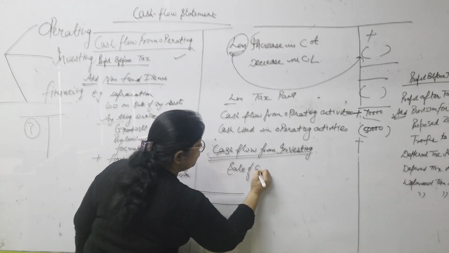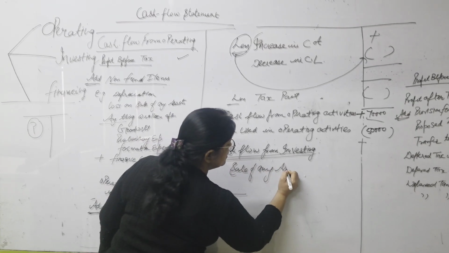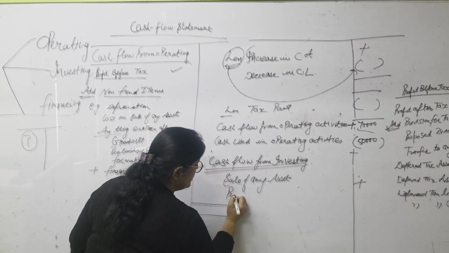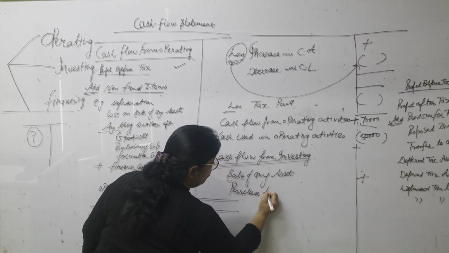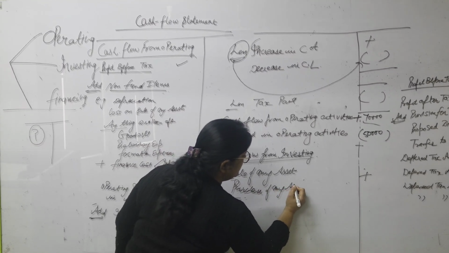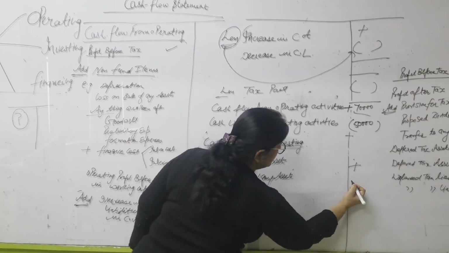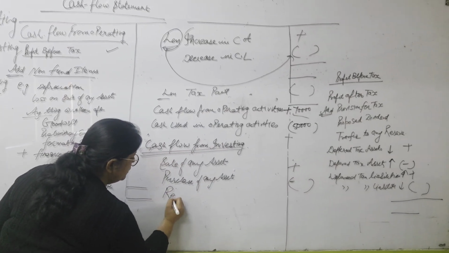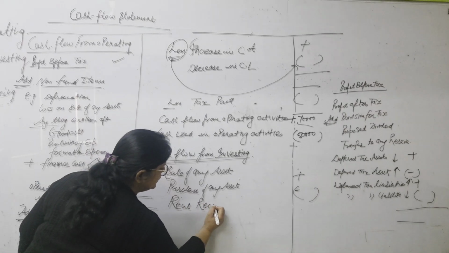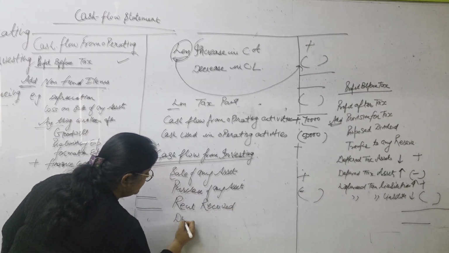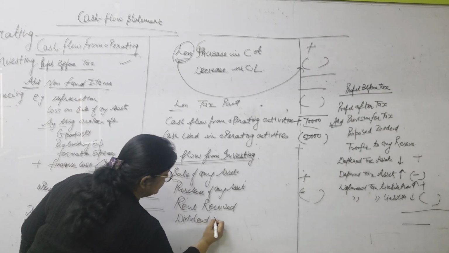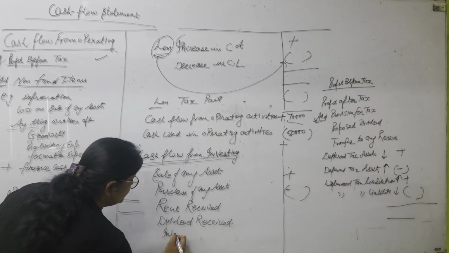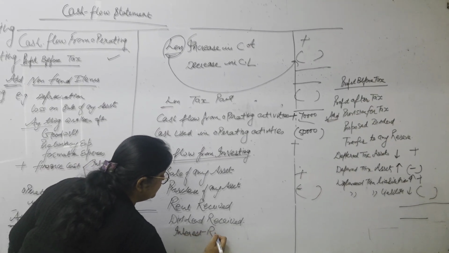Sale of any asset plus, purchases of any assets minus, rent received, dividend received, interest received.